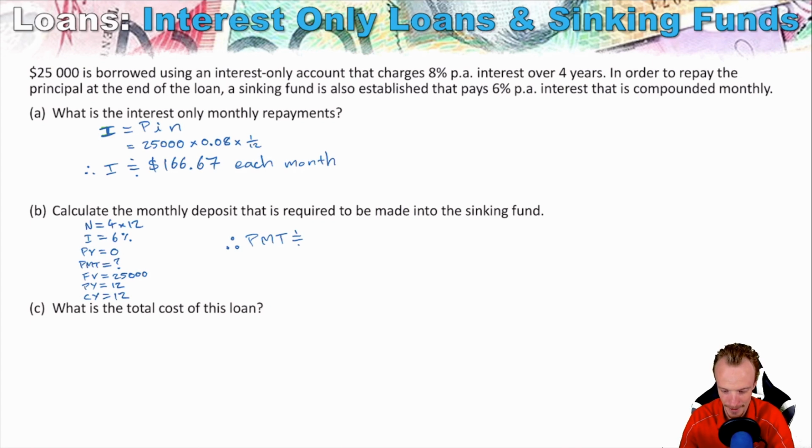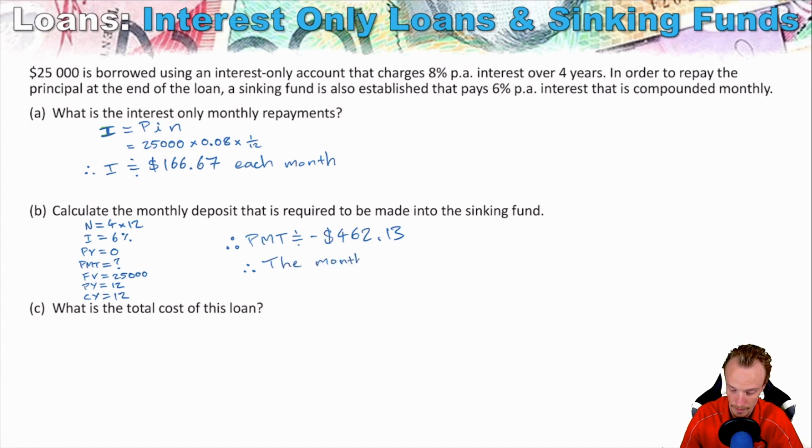One of these days it will get me to where it's not. 6%. We need that one at 0. We need the PMT. We need that one at 25 grand. These need to be all 12s. So it's negative $462.13.